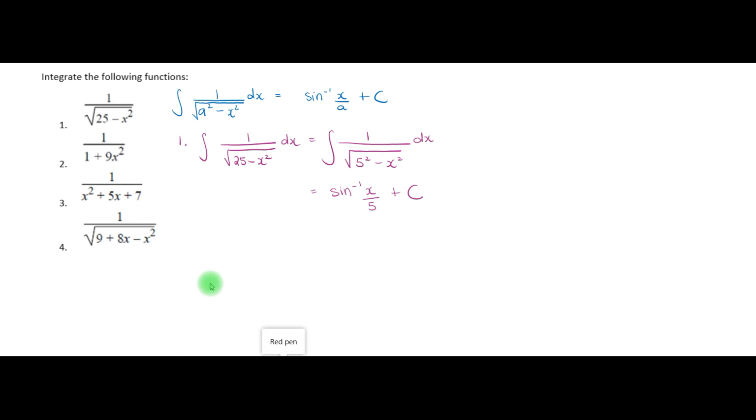For number 2, if you look at the formula that we would want to use, this is the one that we'd want to use. We'd want to use the one that has 1 over a squared plus x squared dx equals 1 over a tan inverse x over a plus c.